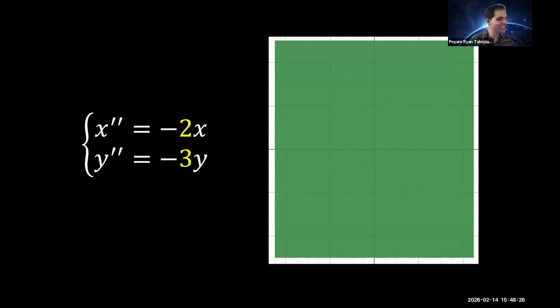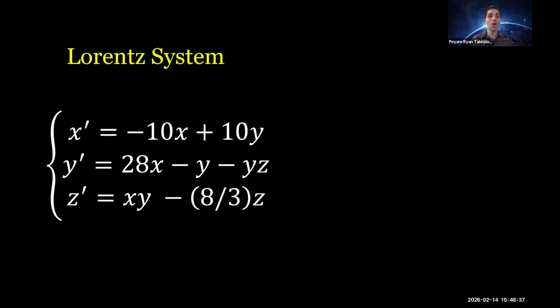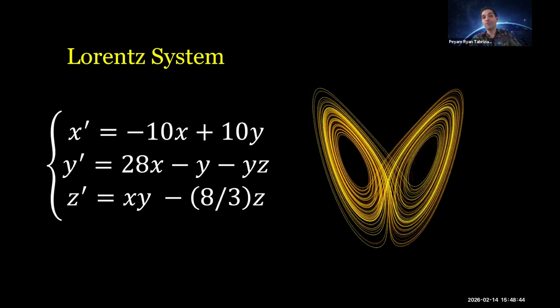And again, it got me hooked on ODEs because of all those beautiful pictures. And of course, then I illustrate this is the first example of chaos. And then I talk about the Lorenz system, where there was this mathematician, Lorenz, who tried to predict the weather and then predicted chaos.